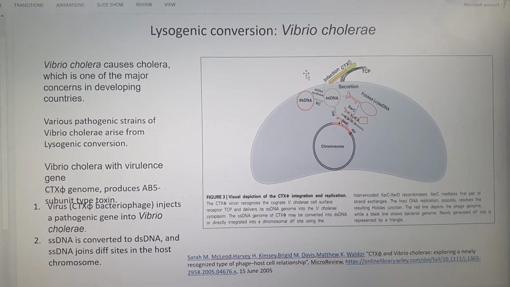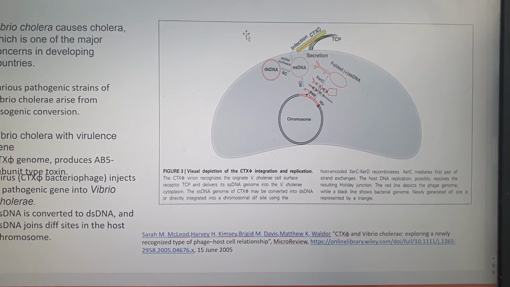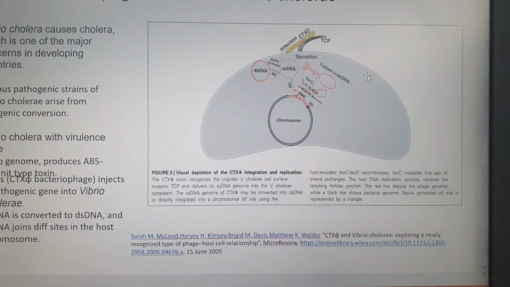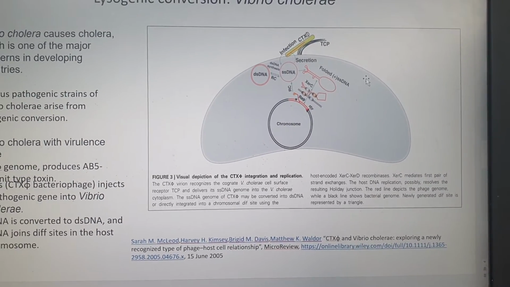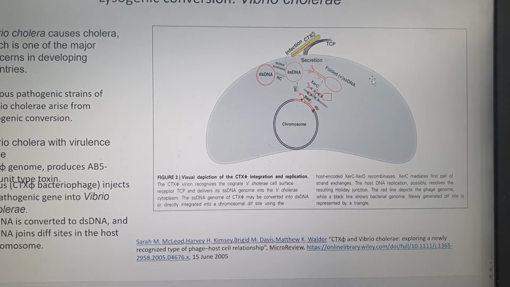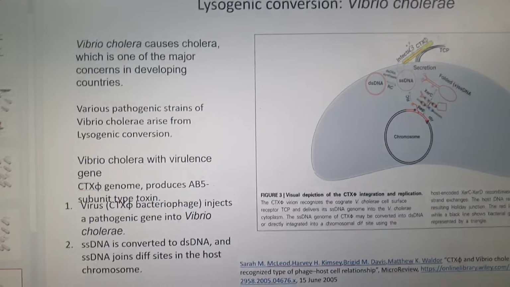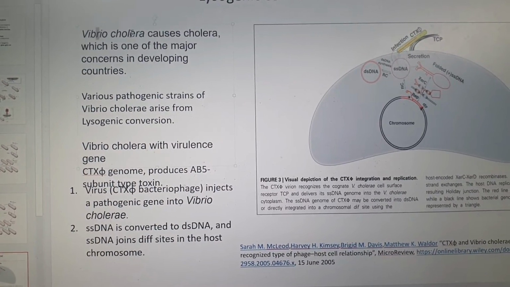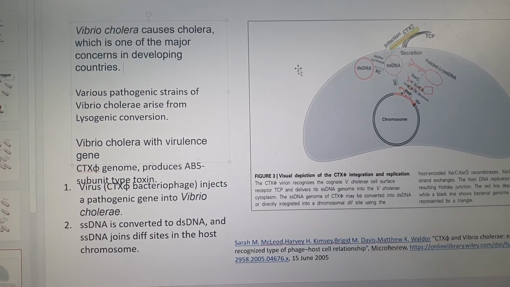One is Vibrio cholerae, and it's an article on CTX: Vibrio cholerae, exploring a newly recognized type of phage-host cell relationship. As we know, Vibrio cholerae causes cholera, and it's one of the major concerns of developing countries.